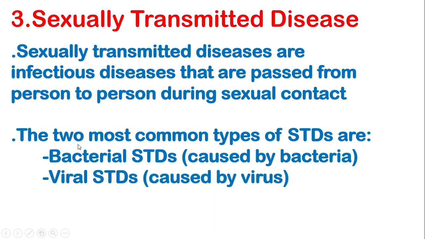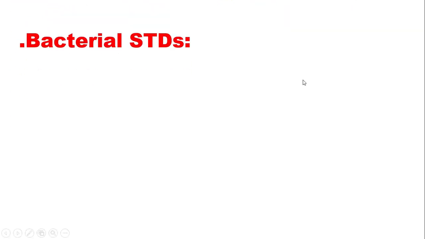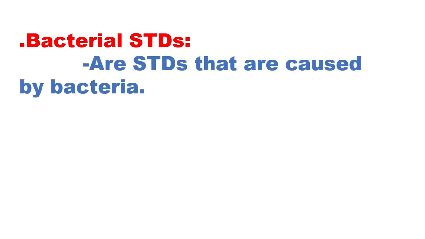We call it bacterial STD because it's caused by bacteria, and viral STD because it's caused by a virus. So there are many names of STD. We can say STD for short. In fact, the full word is sexually transmitted diseases, followed by an S, which means many diseases.